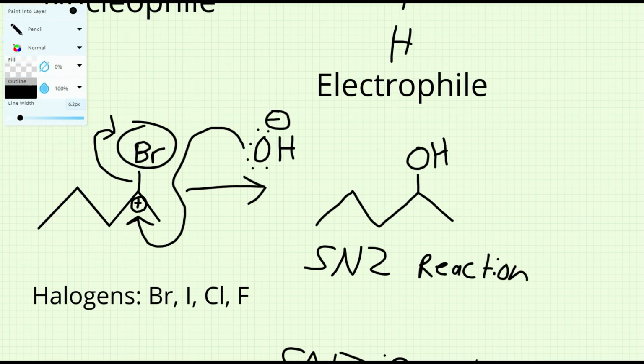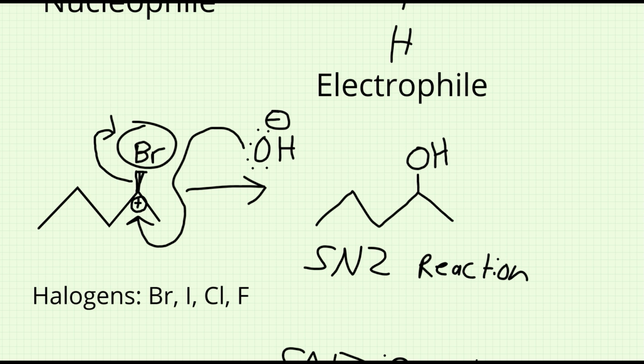And just so you know, since this is an important thing to understand, if bromine was a wedge here, OH would now be a dash. Due to the nucleophilic backside attack, we invert the stereochemistry between the leaving group and the nucleophile.